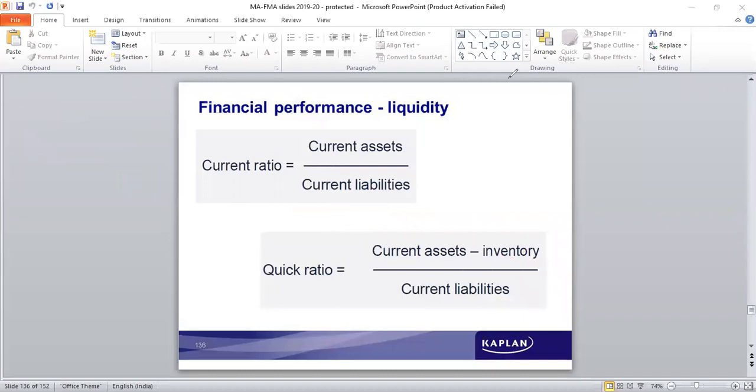The next set of ratios are liquidity ratios. Liquidity ratios talk about the short-term position, how sound the business is in the short run. Generally the period taken is 1 year or the operating cycle, whichever is longer. So current assets are those assets which are converted into cash in a period of 1 year or operating cycle, whichever is longer.